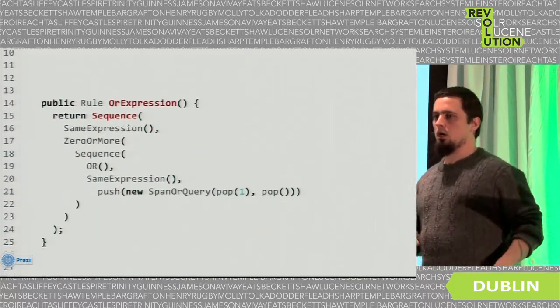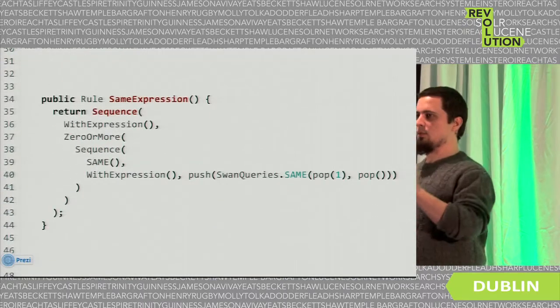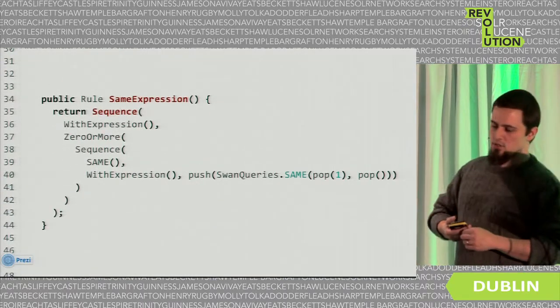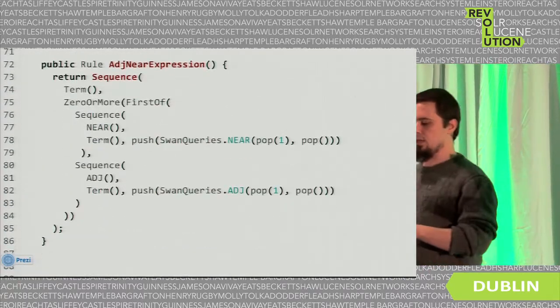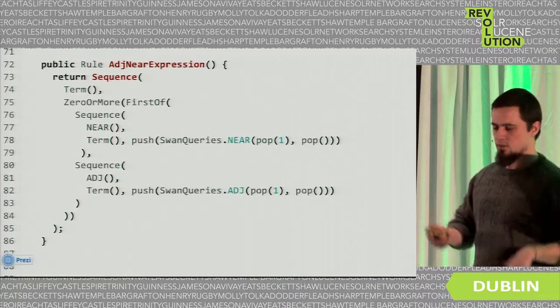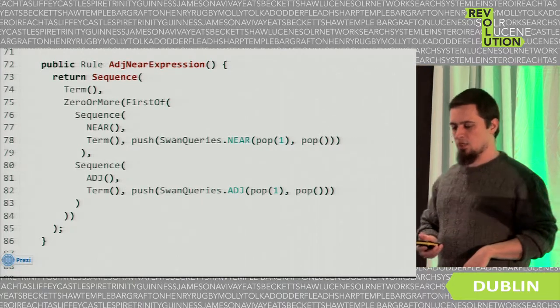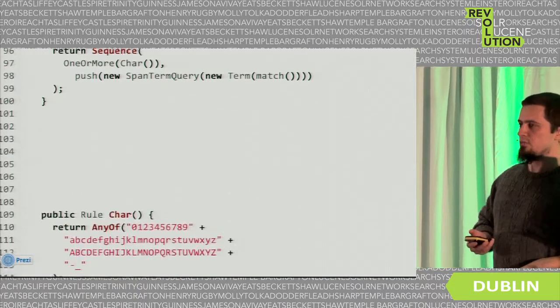Queries are composed of OR expressions. OR expressions are composed of same expressions. Same expressions are composed of with expressions, and with expressions are composed of, these are operationally on the same level, adjacent or near expressions. Expressions are composed of terms, and terms are composed of characters.